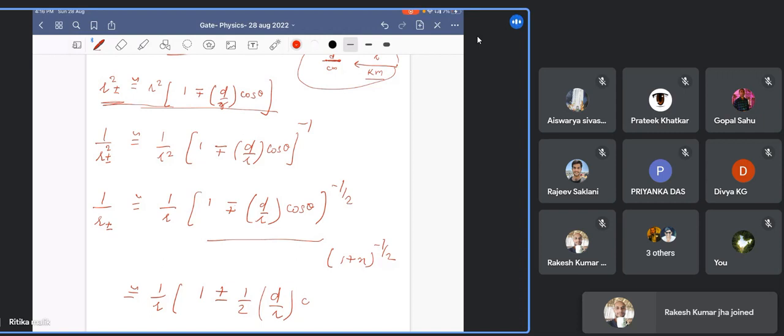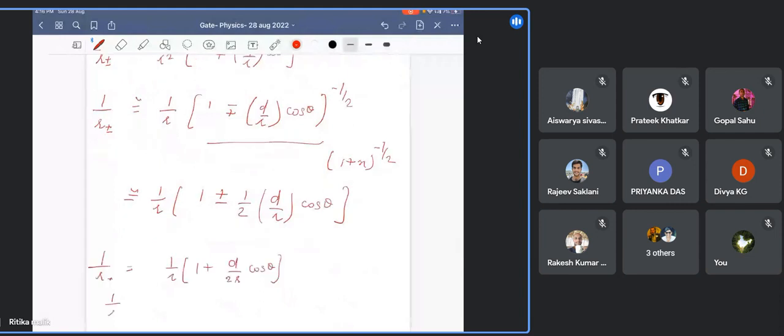So 1 by r plus will become 1 by r (1 plus d by 2r cos theta), and similarly 1 by r minus will become 1 by r (1 minus d by 2r cos theta).